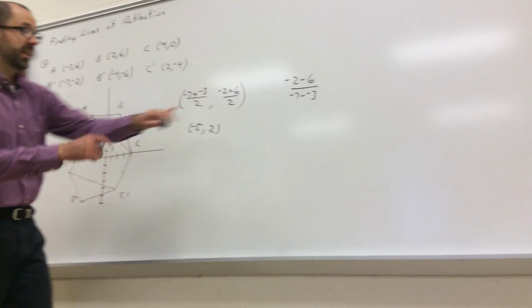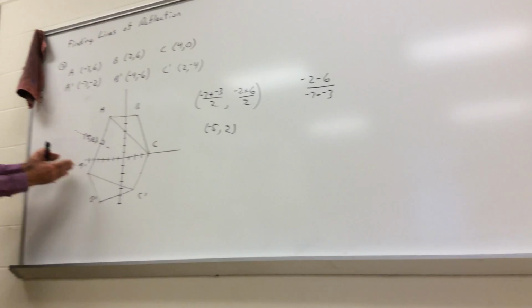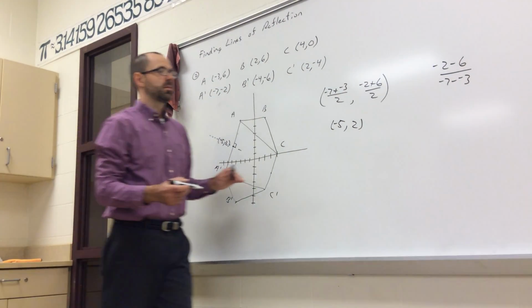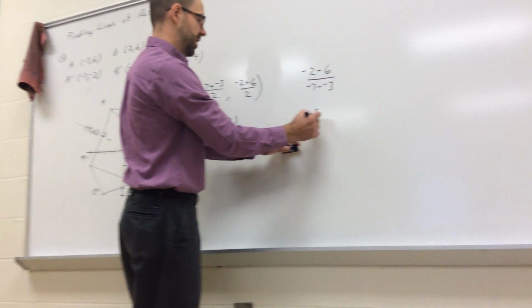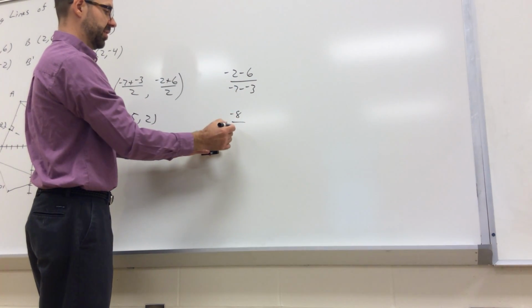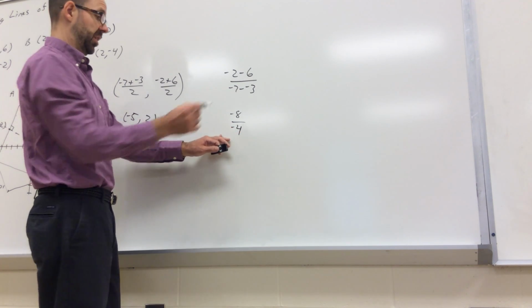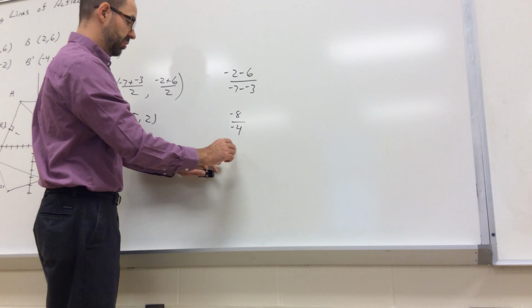Okay, so what we're finding right here is the slant of the connector line. So -2 minus 6 is -8, and -7 minus -3 is -4. And then -8 divided by -4 is 2.